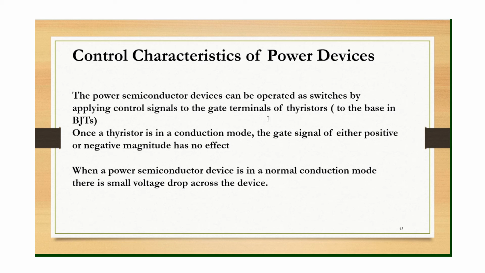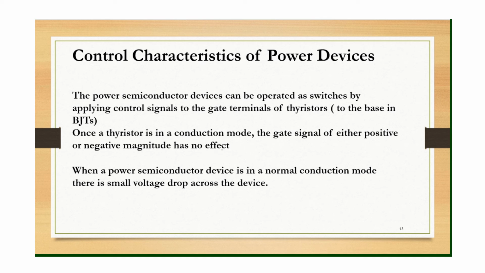So for SCRs, you need to give a control signal to the gate terminals, whereas in BJTs, you remember, we used to give the signal to the base of the transistor, right? And once the thyristor is in a conduction mode, the gate signal of either positive or negative magnitude has no effect.